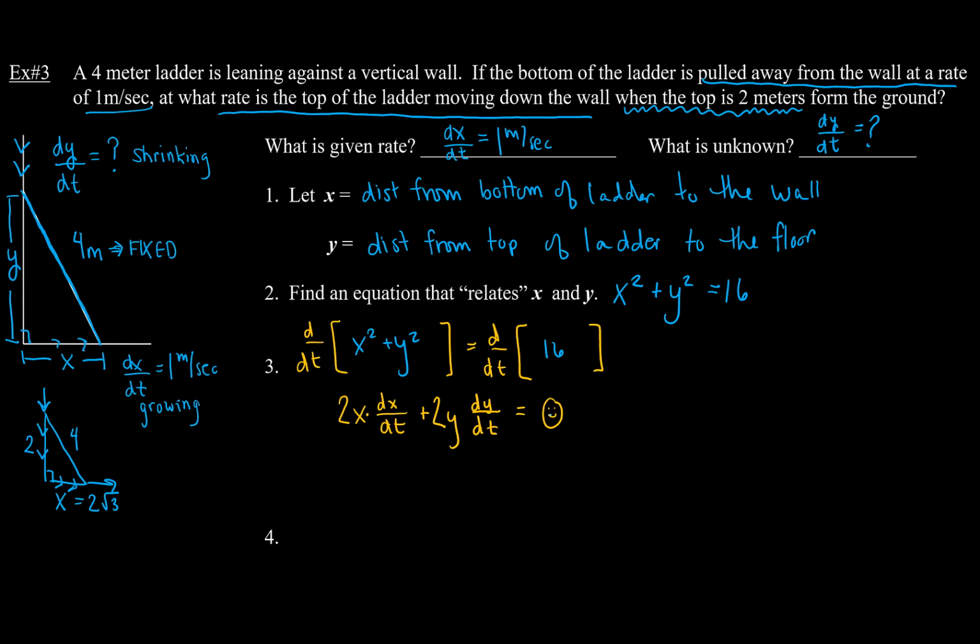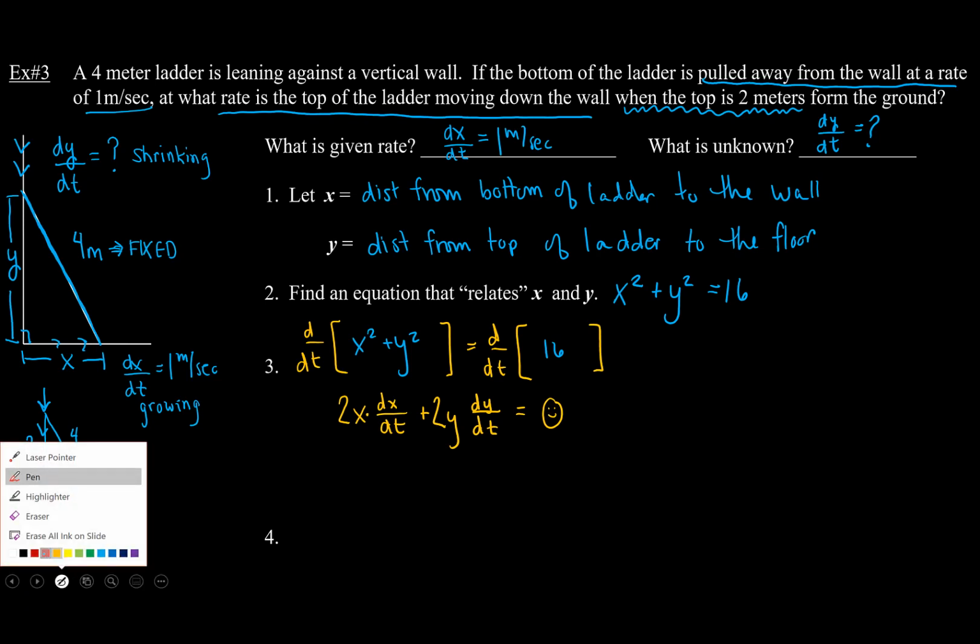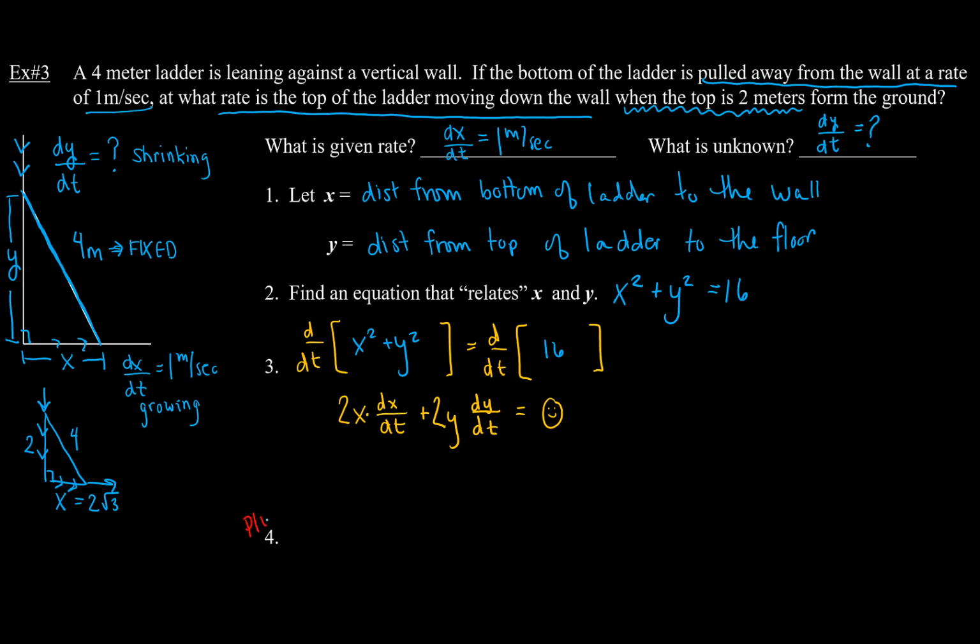All right, I took the derivative. Let's go ahead and plug and chug. Let's plug in what I know. The 2 is going to go along for the ride. The x, I just found that. The x is going to be 2 square roots of 3. And dx/dt, they gave that to us as well.